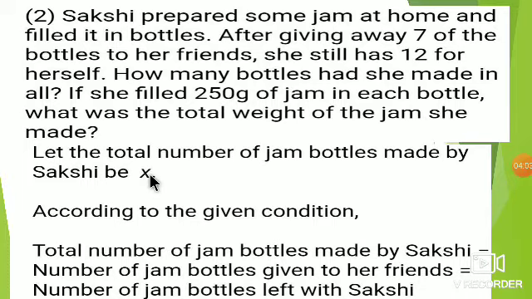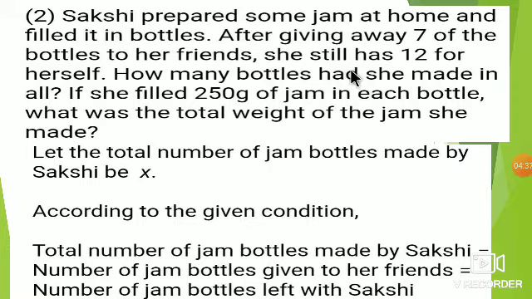Then from that she gave away 7 bottles to her friends. She gave the bottles, meaning we have to subtract it from the total number. So according to the given information, total number of jam bottles made by Sakshi minus number of jam bottles given to her friends, meaning 7 bottles, is equal to number of jam bottles left with Sakshi.